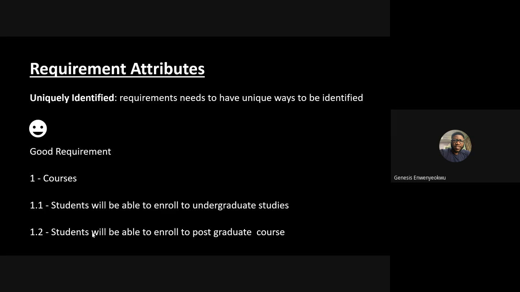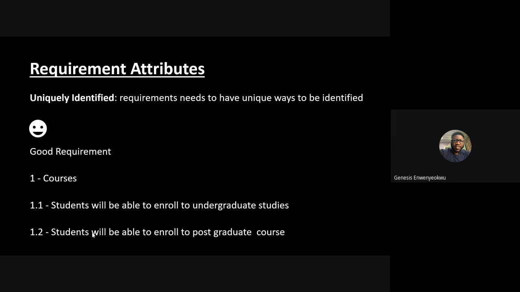What this basically means is that I can tell anyone in the team, let us please refer to section 1 in my business requirement document. In that section 1, I captured how students should be able to enroll for courses in 1.1 and 1.2.